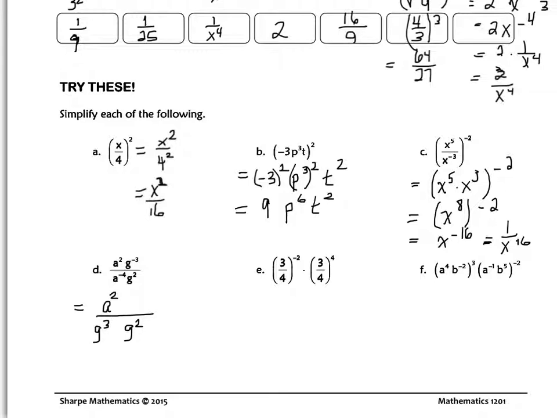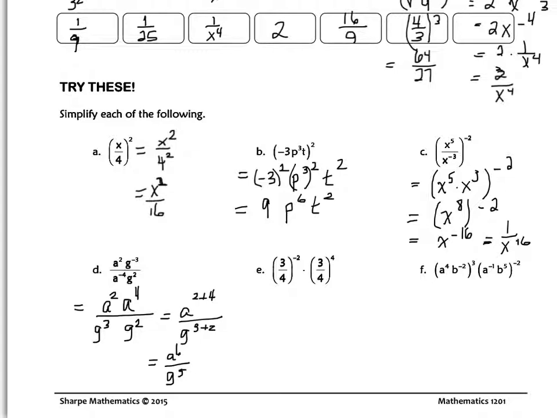And the a to the negative 4, when I flip that and raise it to the positive exponent, that's bringing it up top as a to the positive 4. So now I would have a to the 2 plus 4 over g to the 3 plus 2, or a to the 6 over g to the 5.